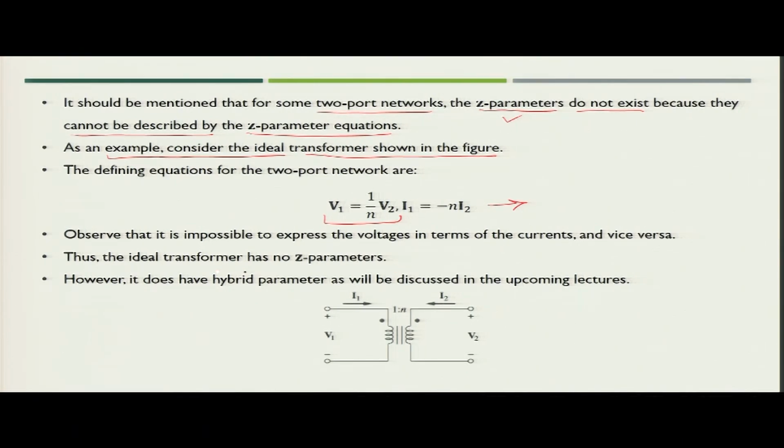That is why in case of ideal transformers, we cannot calculate the Z parameters, but we can have the hybrid parameters, which we will discuss in the next lectures. We have to keep in mind that not all circuits can be converted into the equivalent Z parameters network. A few of them are like the ideal transformer example we discussed.